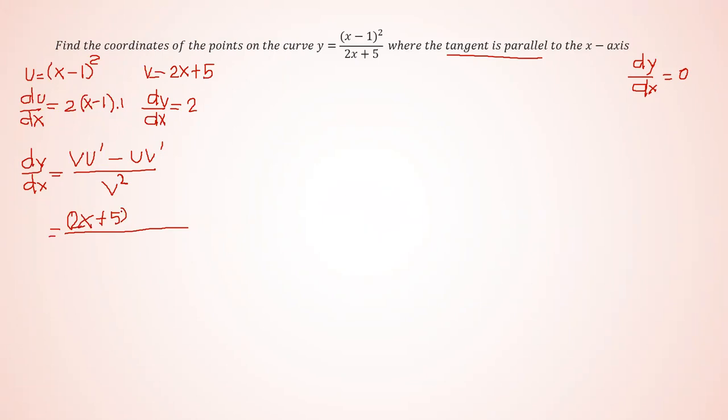Derivative of u is 2 times (x minus 1), it means 2x minus 2. If you multiply 2 and x minus 1, it's going to be 2x minus 2, minus u, this one, times 2.